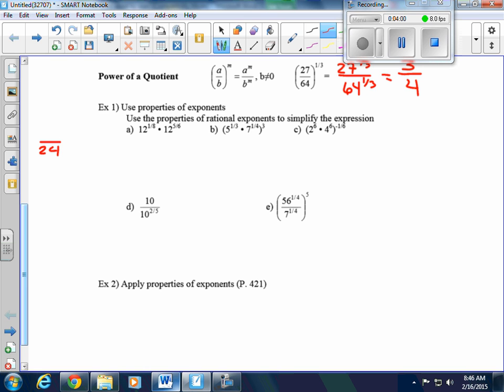So we're going to make that common denominator 24. And so 1/8 is really 3/24. And 5/6, if we multiply both of those by 4, is really 20/24. So this problem, if we simplify these, we're going to have 12 to the 23/24.